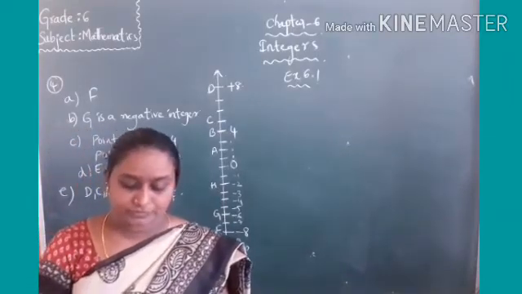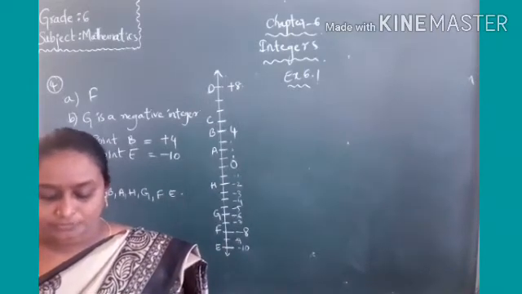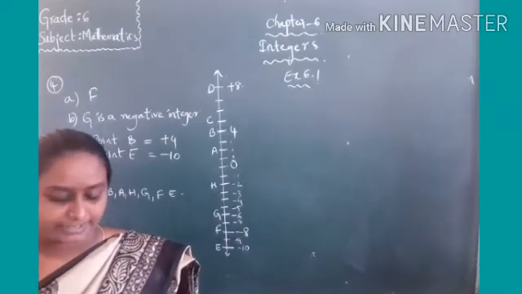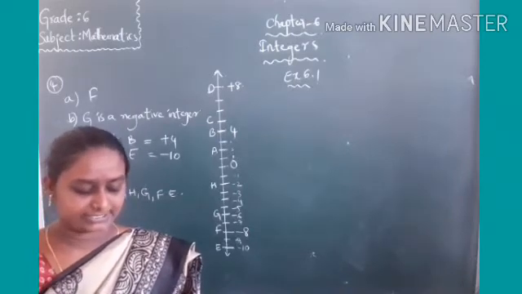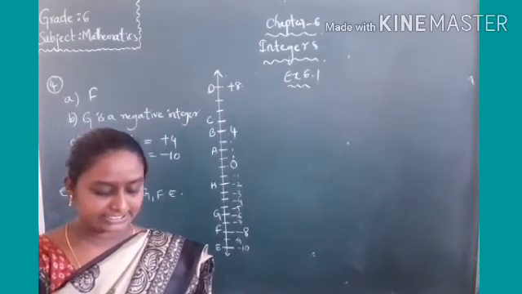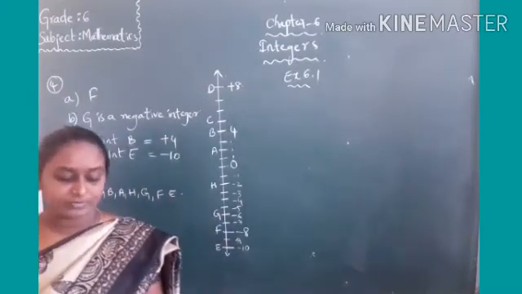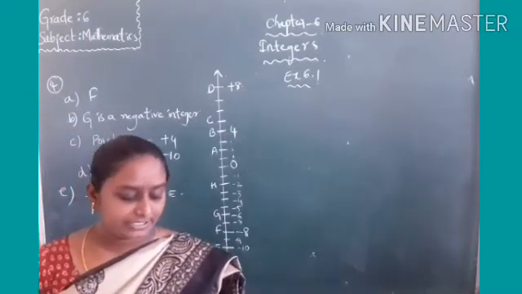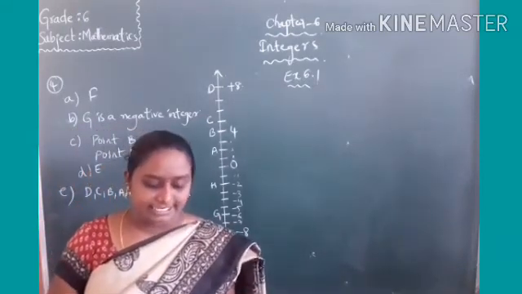Right. Fifth one. Following is the list of temperatures of 5 places in India on a particular day of the year. Here some places are given with the temperature in the different places in India.